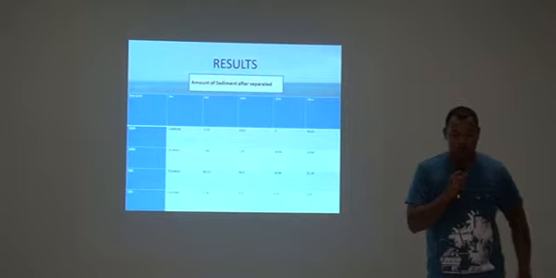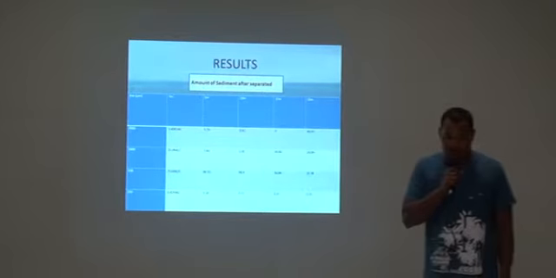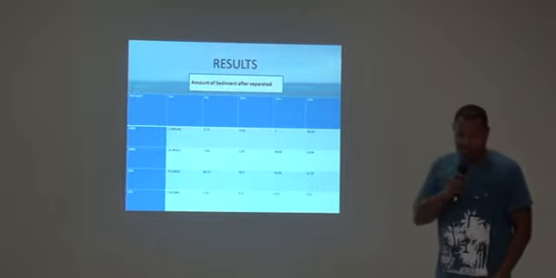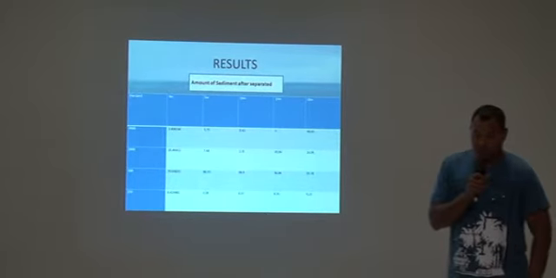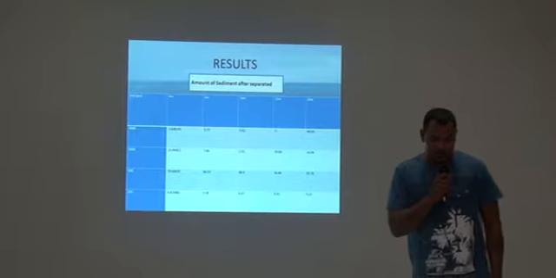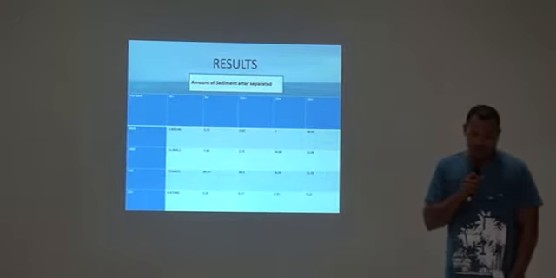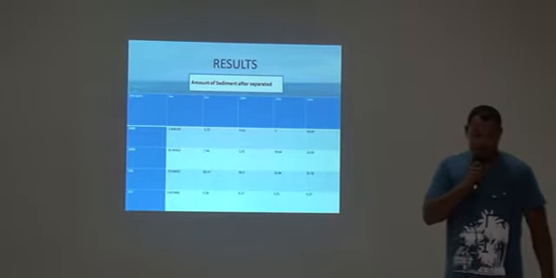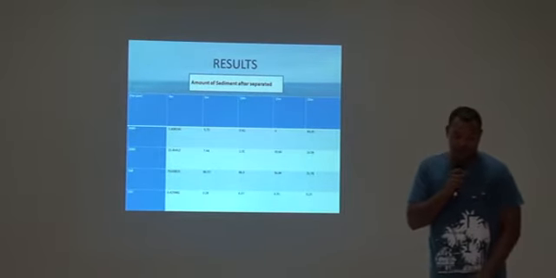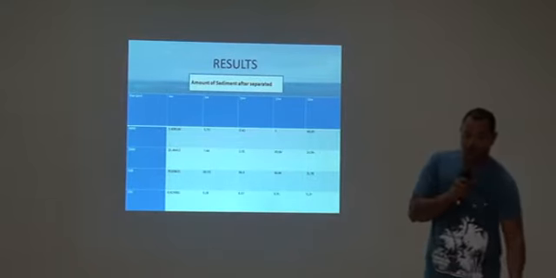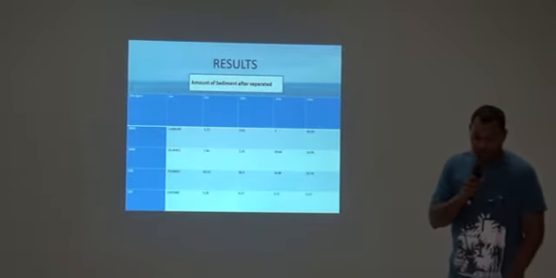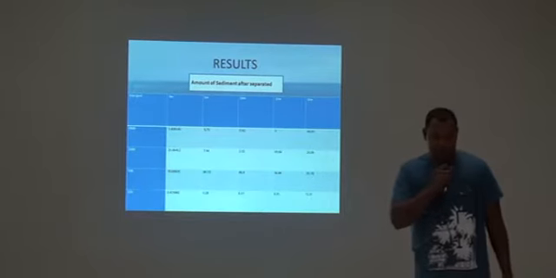Thank you. We continue to the results we got from our research. According to the table, the 0.5 millimeter is very dominant in the amount of sediment after being separated. It is the most dominant at the 0 meter.